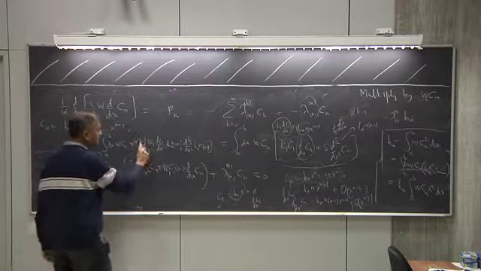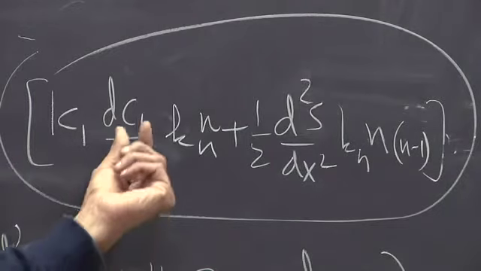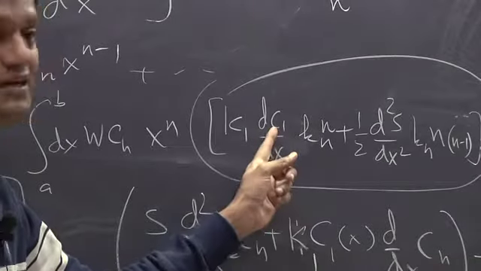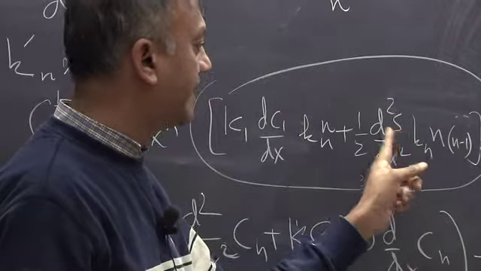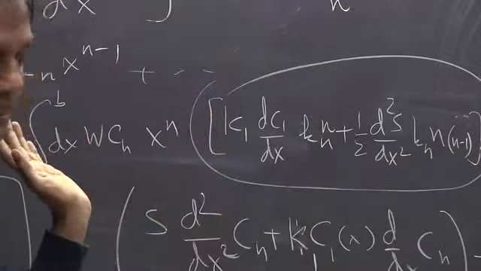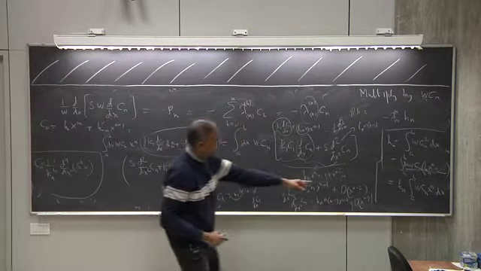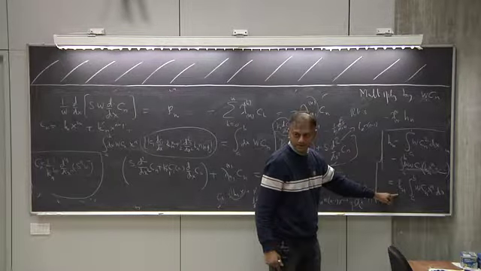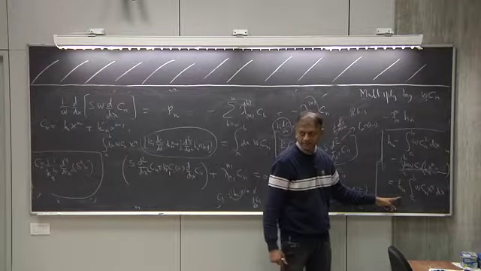This is a number. This is a number. It may sound a bit strange because I'm writing it as dc1 by dx, but this is a number because c1 is linear, right? Similarly, this looks strange, but again s is quadratic, so this is a number. So all these are numbers. I can take them out of the integral. So what is left over is just this integral, but that integral is simply hn divided by kn, right?